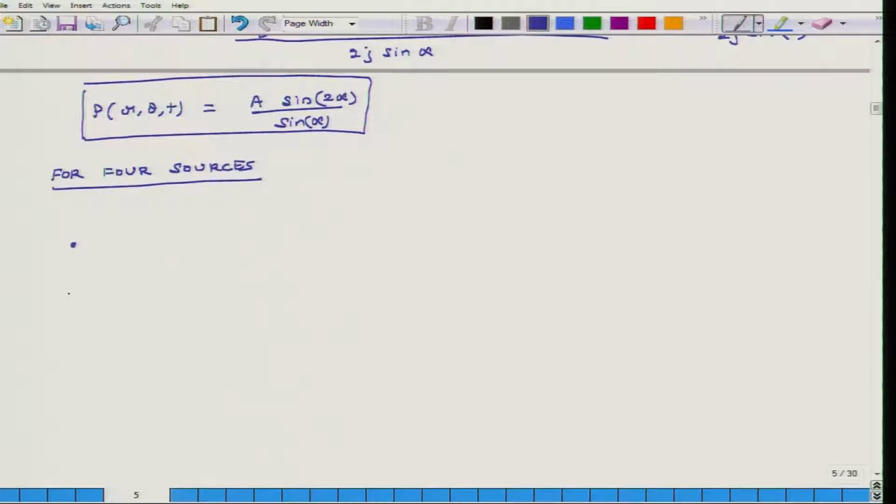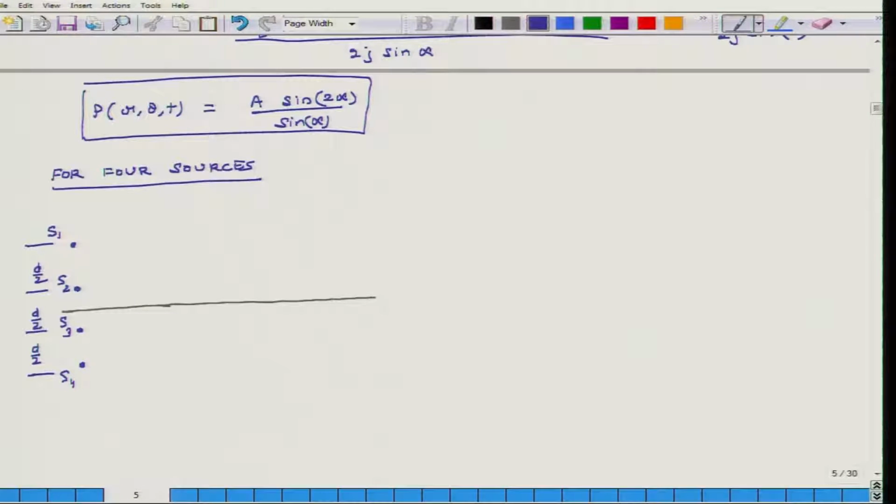So, I have four sources S1, S2, S3, S4. The distance between each of these is d over 2. And then there is a median line, and these sources are S1, S2, S3, S4, and these are the distances.